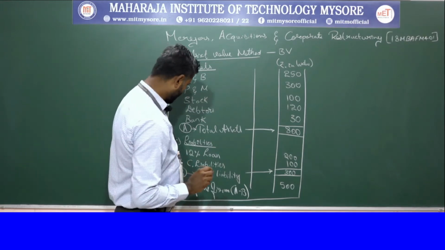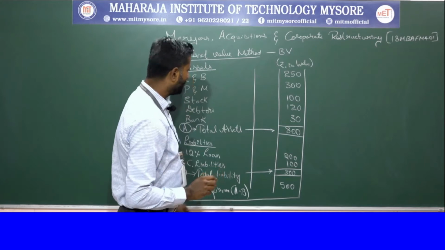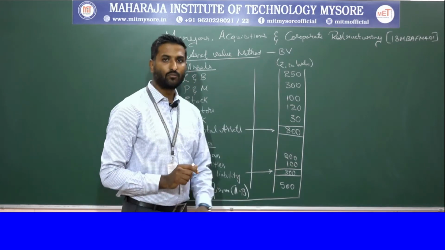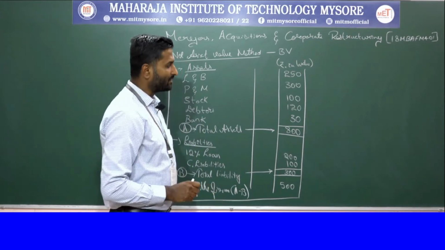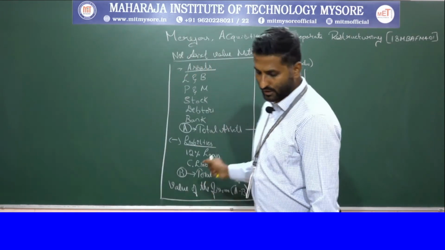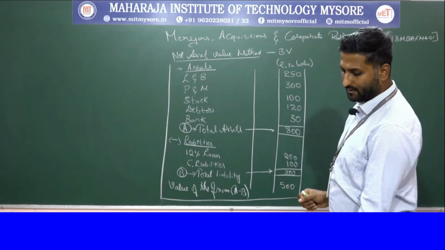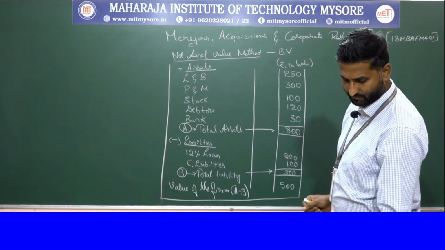This is the calculation required under the book value basis. After you calculate the book value, the total value of the firm, then you can take the net asset value per share into consideration.